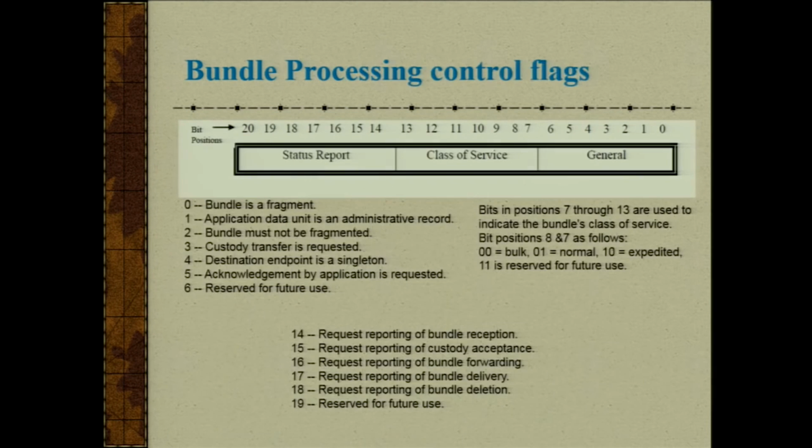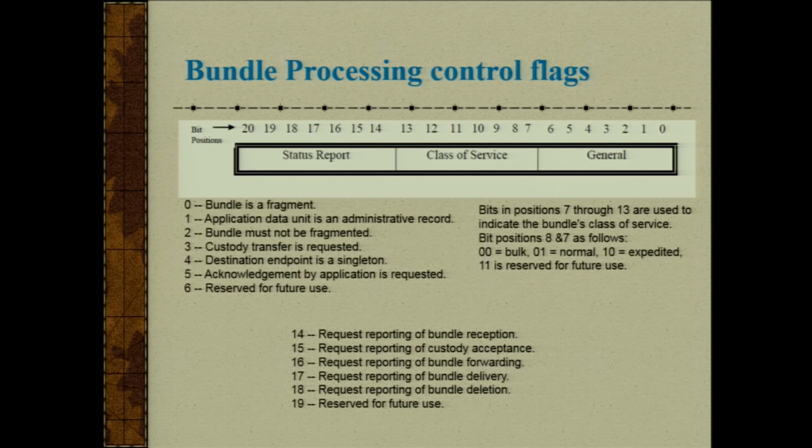Next slide, please. Okay. So these are the different control flags, which will tell whether the bundle is a fragment, or whether it is an administrative record, or the bundle is not to be fragmented, custody transfer is required, or whether the destination endpoint is a singleton, or acknowledgement by application is requested. Other fields are for the class of service.